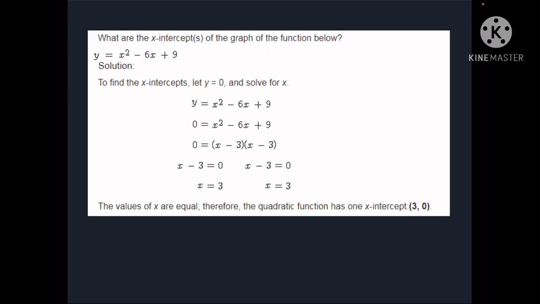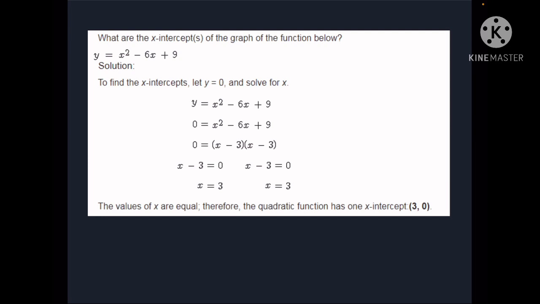Here we have a drill. What are the x-intercepts of this function? The function at first is x to the power of 2 minus 6x plus 9. First, to find the x-intercepts, as we said earlier, we need to make the value of y equal to 0.